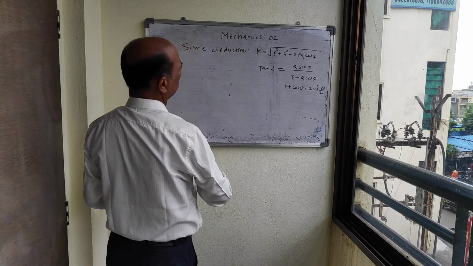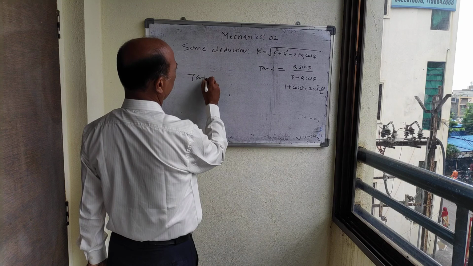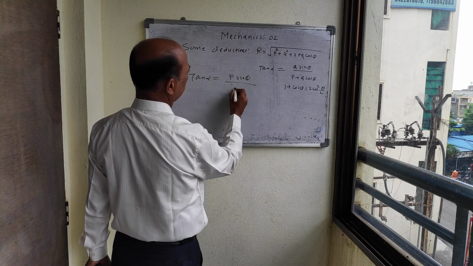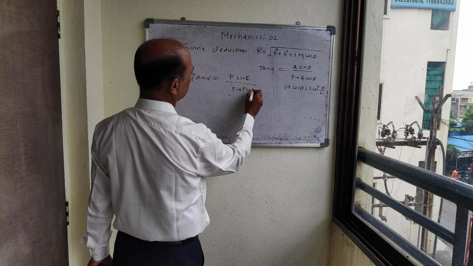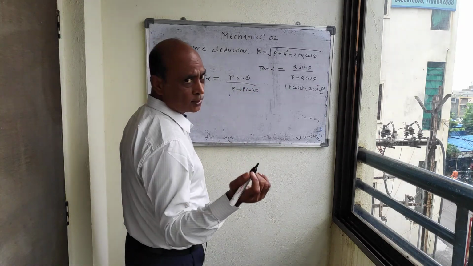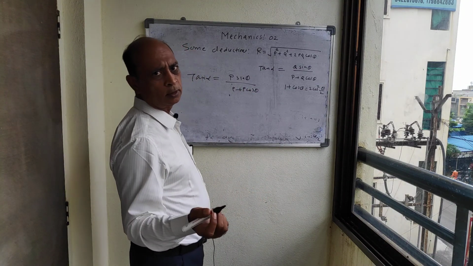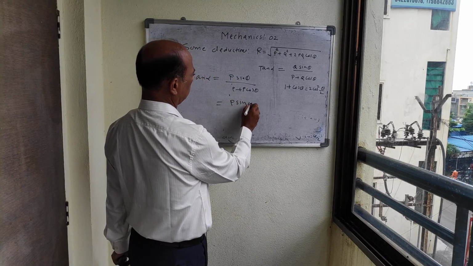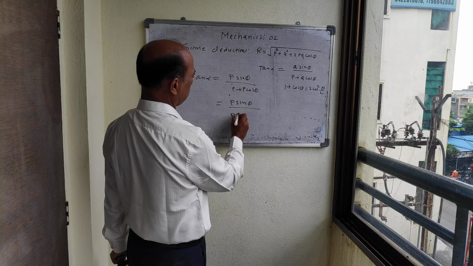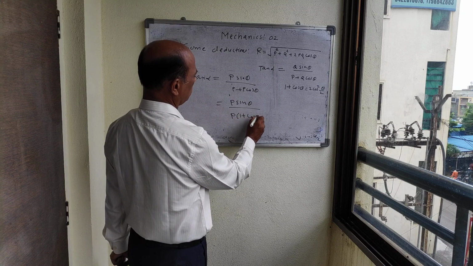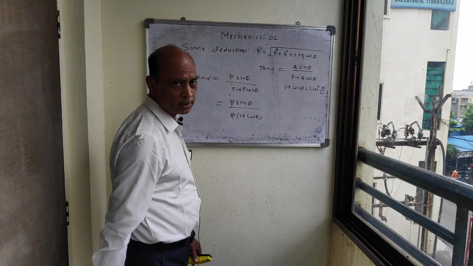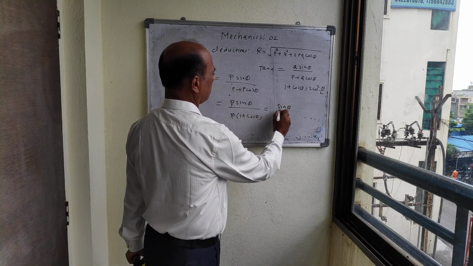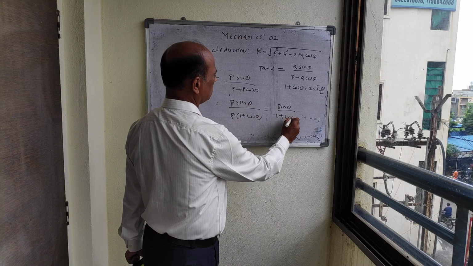See here, tan alpha is equal to P sin theta upon P plus P cos theta, because we are considering P equal to Q. P common, 1 plus cos theta, this P and P will cancel. So it is equal to sin theta upon 1 plus cos theta.